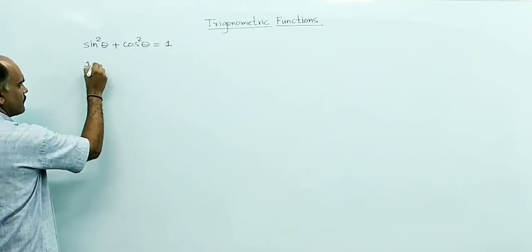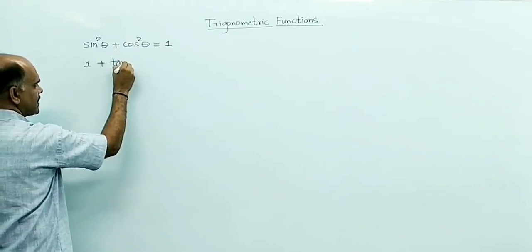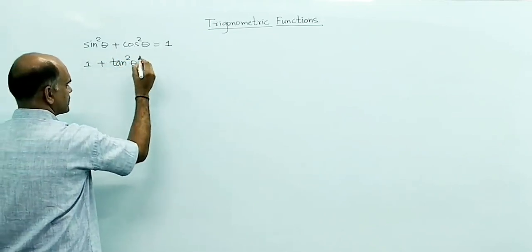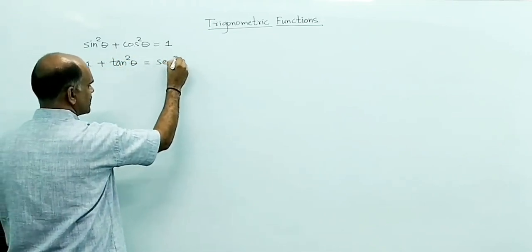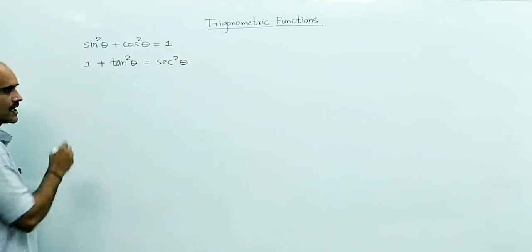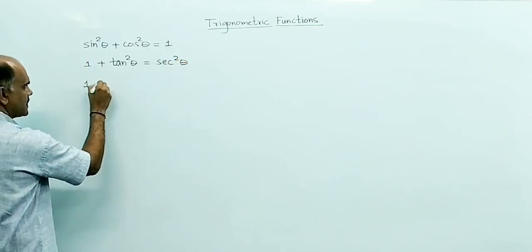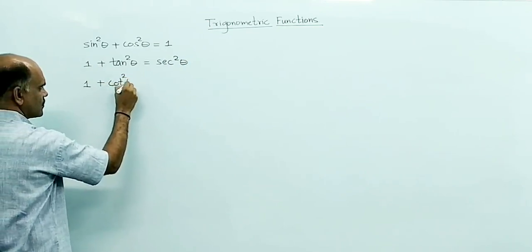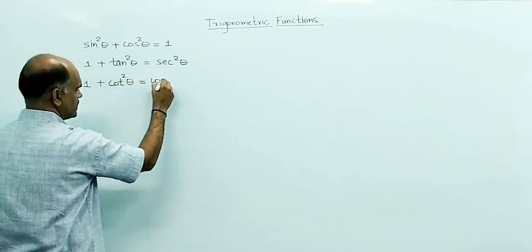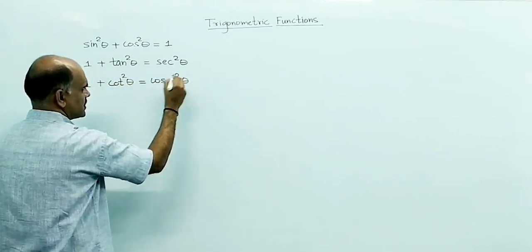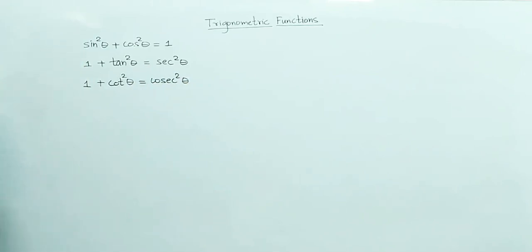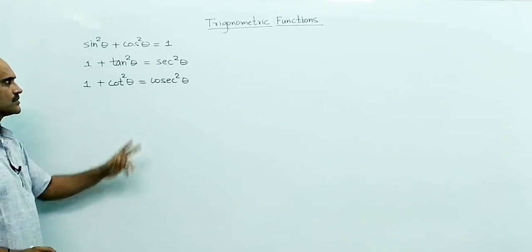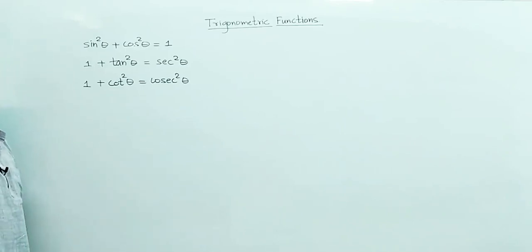Similarly, the second one, 1 plus tan square theta is equal to secant square theta, and third, 1 plus cot square theta is equal to cosec square theta. These three formulas we have studied. So here we have another method to prove these formulas.